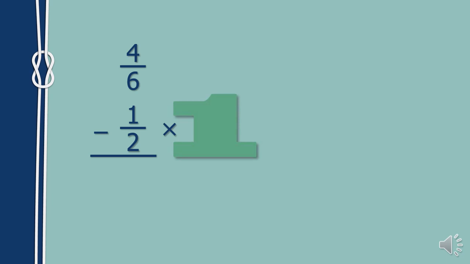What about subtraction? Well, subtraction is going to work the same way. We have to have these fractions in like terms. So if we have 4/6 minus 1/2, we need to rename 1/2 into sixths. And to do that, we're going to multiply by a name for 1.